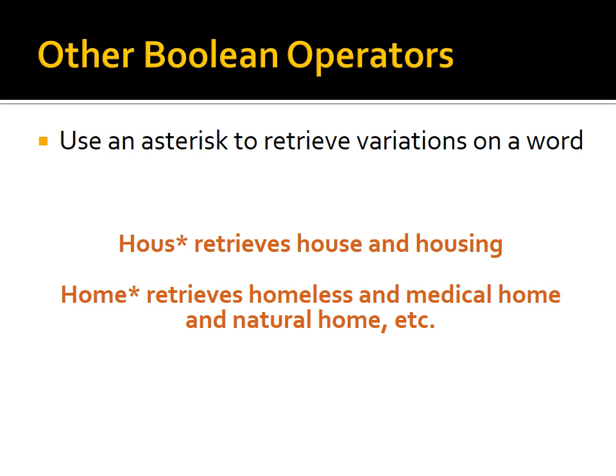Home, you could go on forever with home. In medical work that I've done in the past, the term BACTER for the front of bacteria or bacterium is a common one. So consider, are there words that I use like that, that I could use an asterisk for to further refine my search?